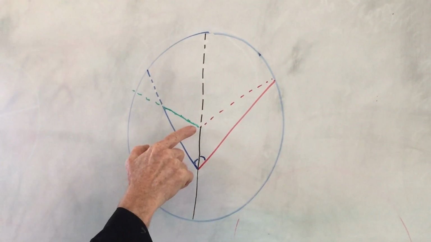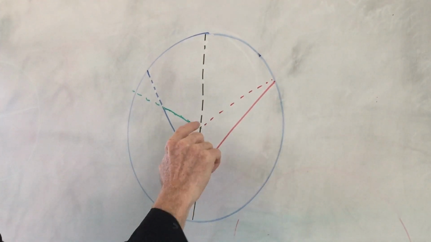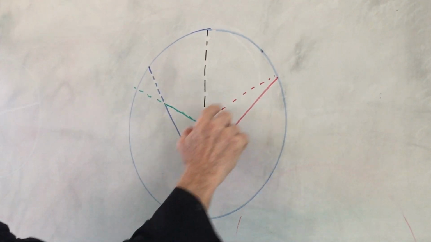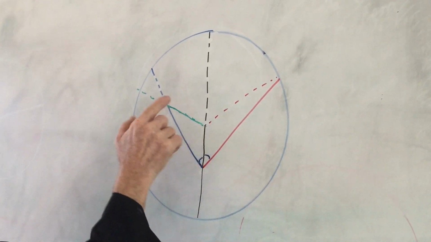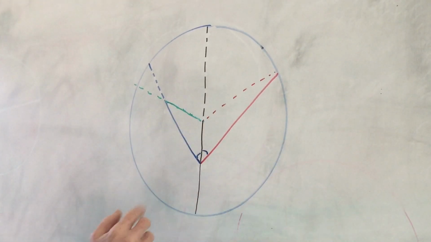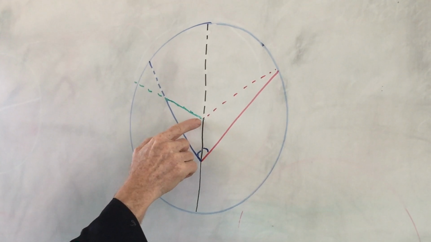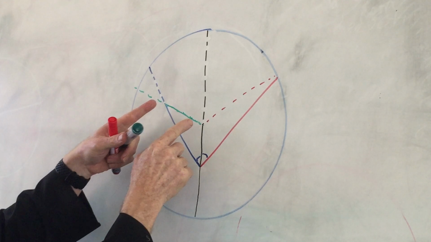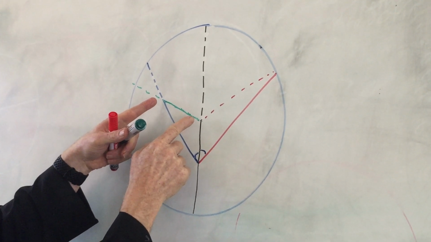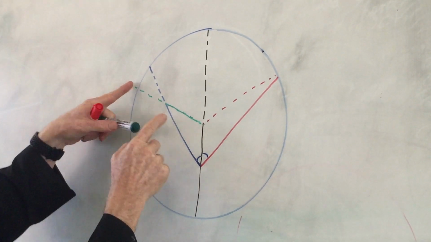But look at this. This comes from the center, this comes from the center. Therefore, they are radii of the same circle, therefore this is equal to this. So I've got this equal to this, and this equal to this. Two things equal to the same thing are equal to each other. Therefore, this is equal to this.